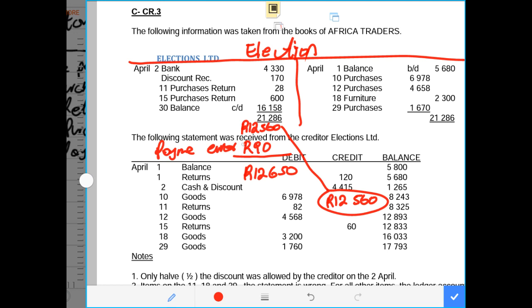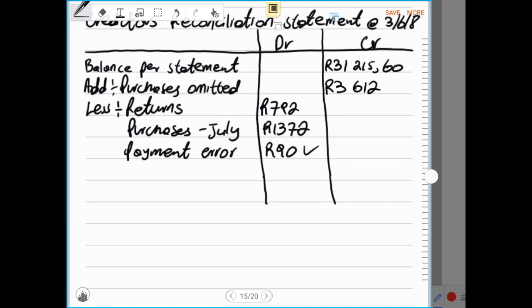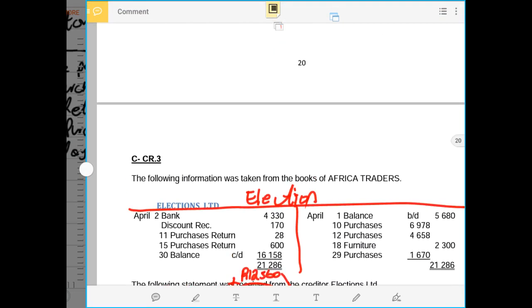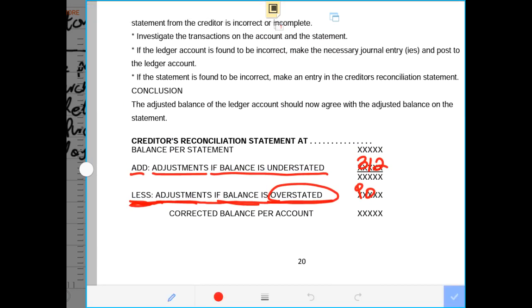You can see now 90 rand will be corrected and added to 12,560 to make it 12,650. That's why now the correction of the 90 rand appears again on the debit side of the reconciliation. And above that, even the template tells us that if the amount is overstated, it must be subtracted, which is the debit side of the reconciliation.